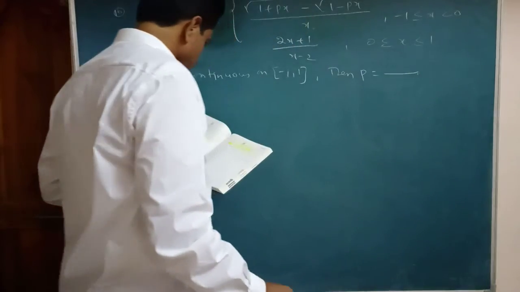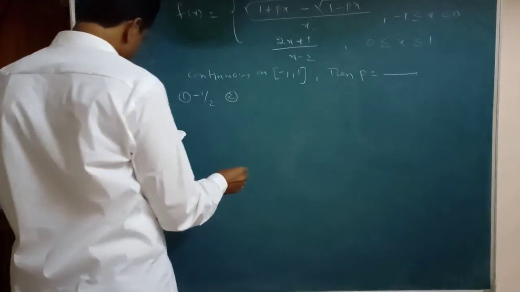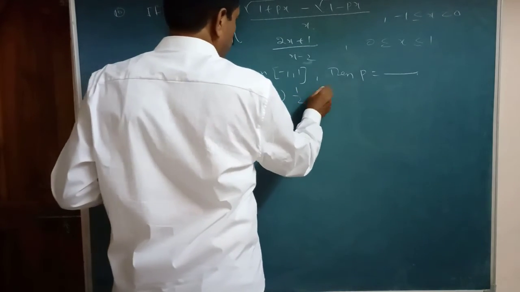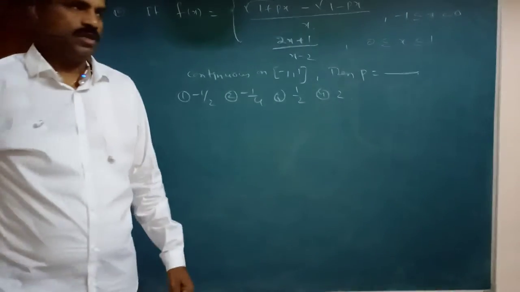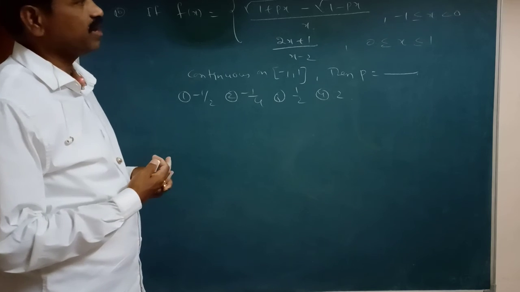So first option minus 1 by 2 and second one minus 1 by 4, third one 1 by 2, fourth one is 2. Here continuous on minus 1 comma 1.